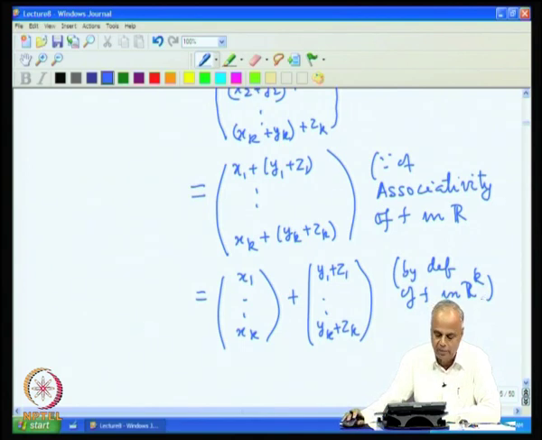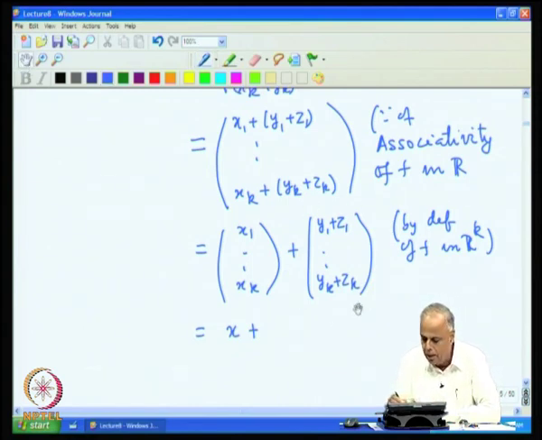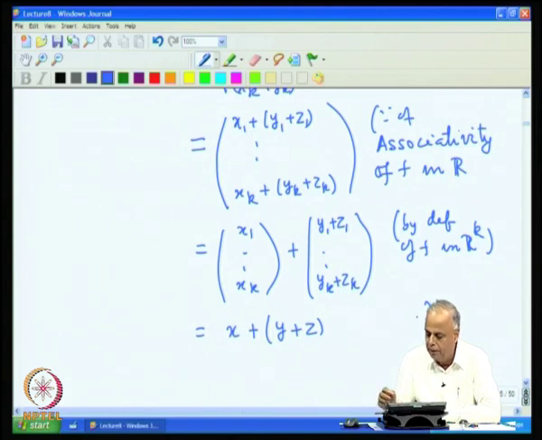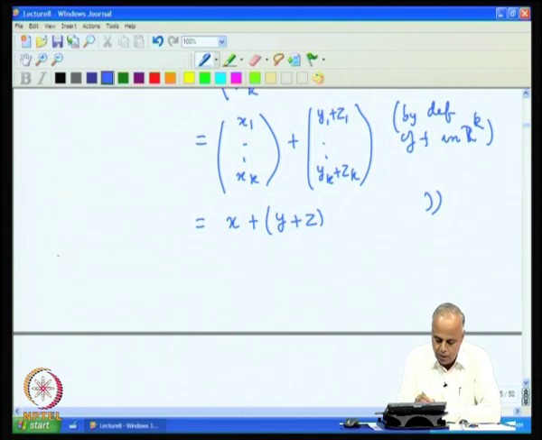We have given above the definition. According to that definition, this sum will be equal to this. This is x plus, and what is appearing here by the definition of addition is equal to y plus z, again by the definition of addition in R k. So, therefore, what we have observed is that plus on R k, the addition on R k, is associative.